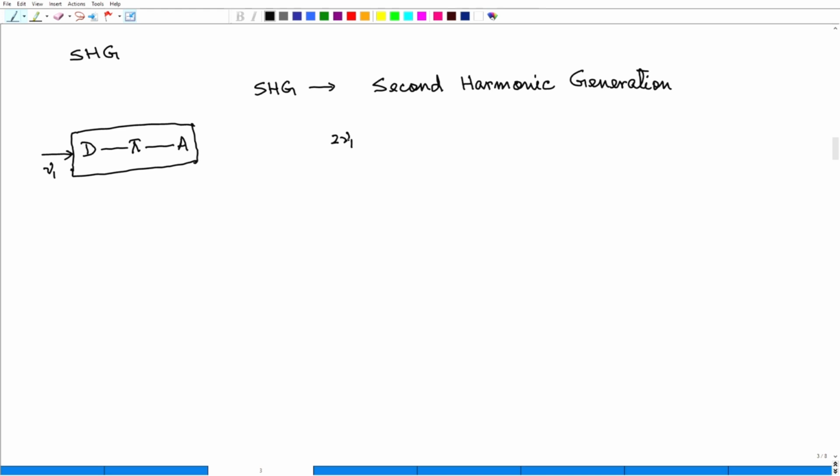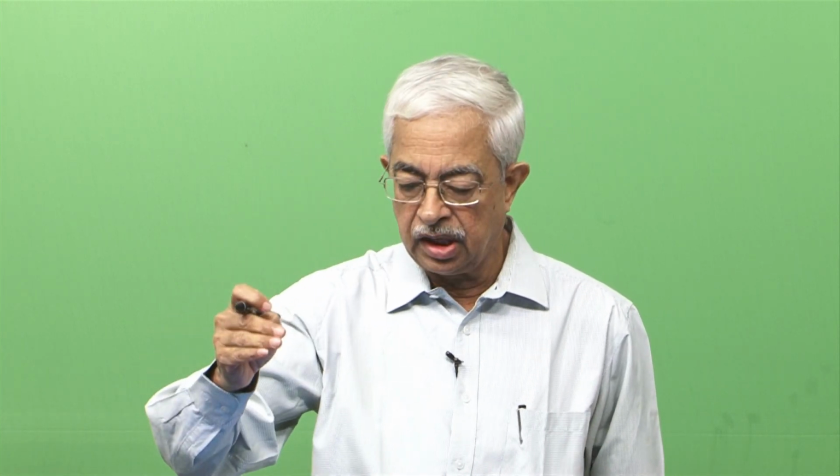That is called second harmonic generation. So, if I take a frequency nu, nu is there, but in addition I could generate 2 nu 1. 3 nu 1 will be very little, so ignore that. So 2 nu 1, that means frequency doubling, is called second harmonic generation.